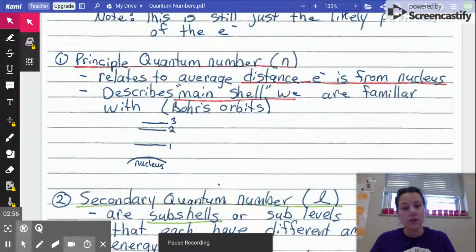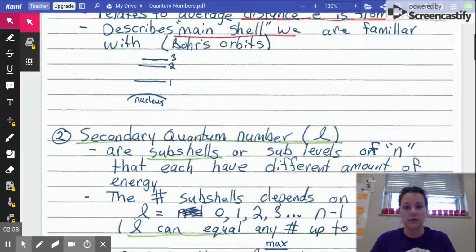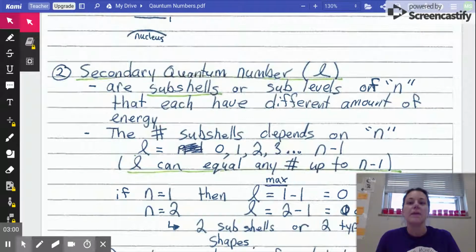The second quantum number is l. l are subshells or sublevels of n. And within the principal quantum number, within n, there are different levels of n. So you have to think about it as subshells.